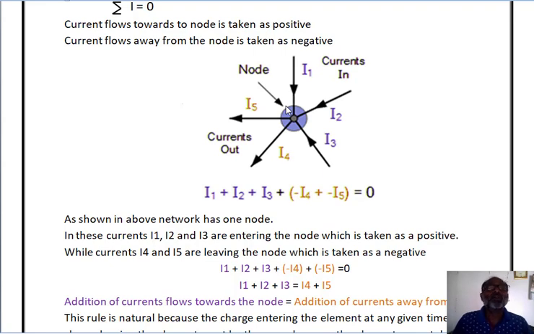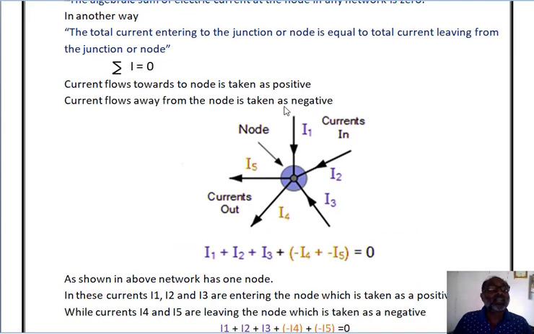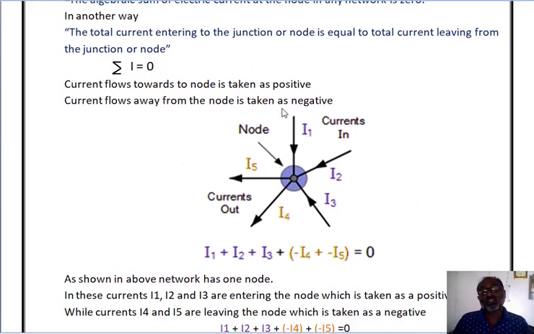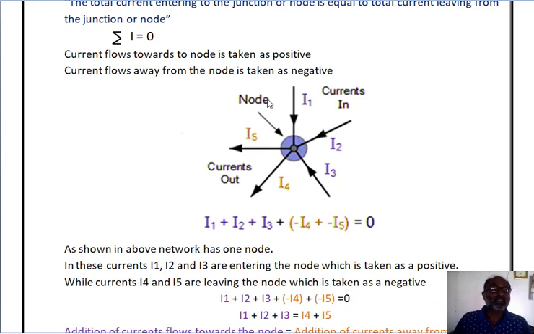Already I told you, according to KCL, the algebraic sum of electric currents at the node or junction in a network is 0. So we can write I1 plus I2 plus I3 plus minus I4 plus minus I5 is equal to 0. This equation indicates the algebraic sum.